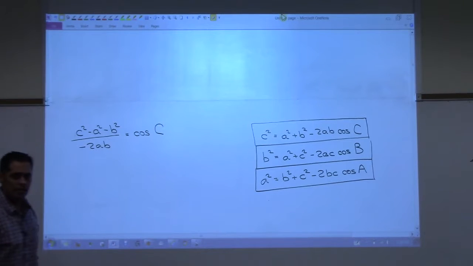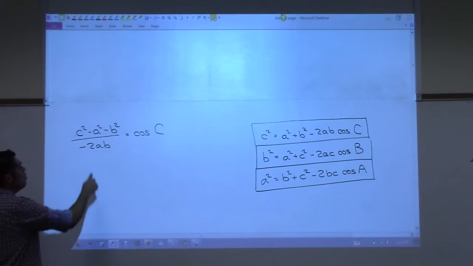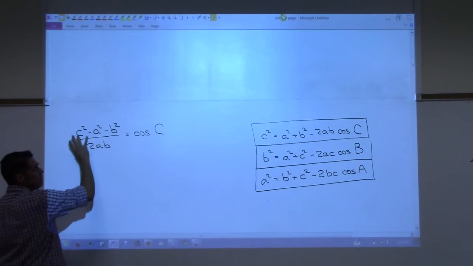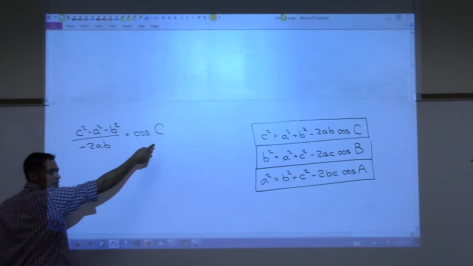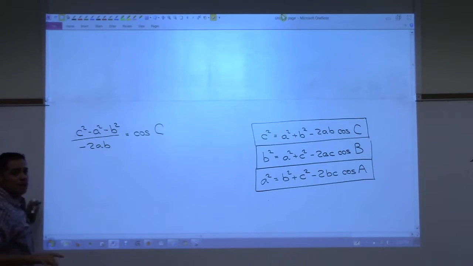Therefore, that allows you to solve for the angle. If I know all the sides, A, B, and C, then I can get this number. And then I can get cosine of something is a number, and then I can use my calculator to do arc cosine. And then when you have one angle, you can solve for the rest.